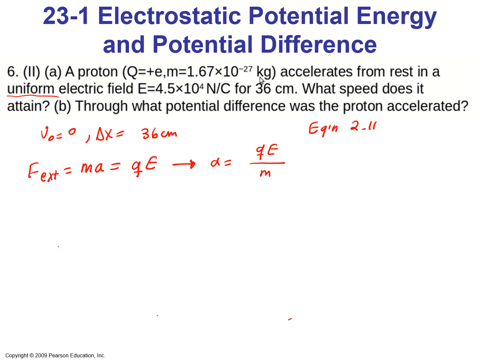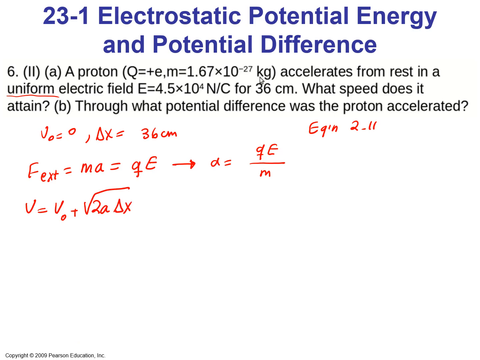Also, we know that the velocity for an accelerated kinetic movement is equal to the initial velocity V0 plus the square root of 2a delta x.